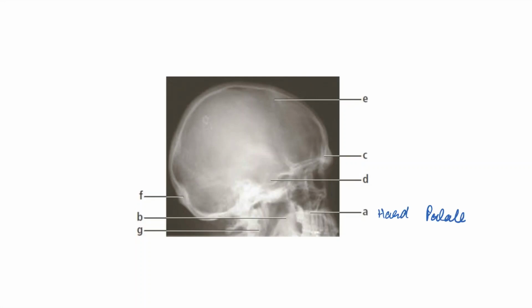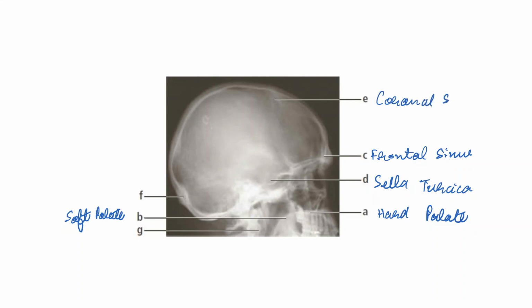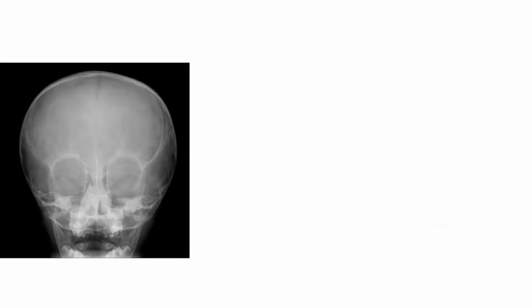A is hard palate, B is soft palate, C is frontal sinus, D is sella turcica, E is coronal suture, F is external occipital protuberance, G is anterior arch of C1. This X-ray shows a parietal skull fracture.